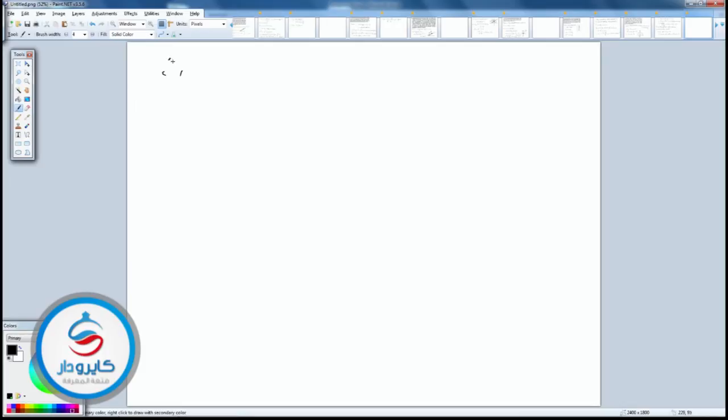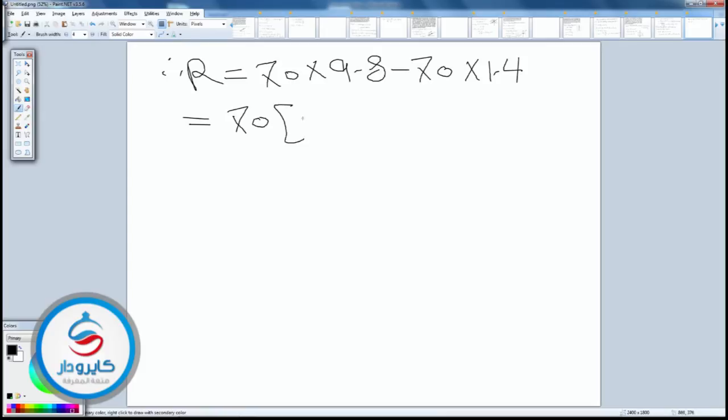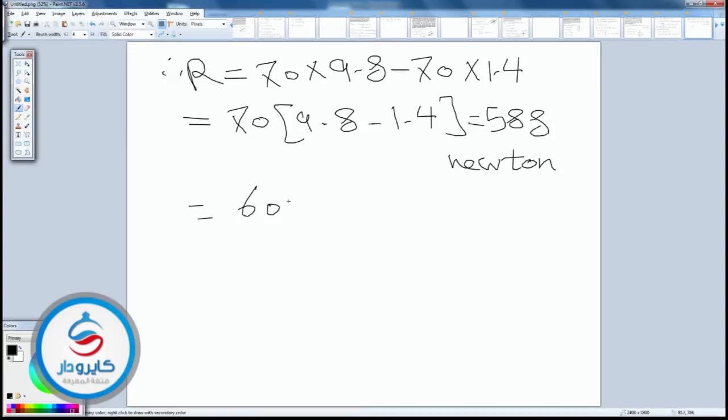Therefore R equals 70 by 9.8 plus 70 by 1.4 equals 70 by 11.2 equals 784 newtons equals 80 kilogram weight.